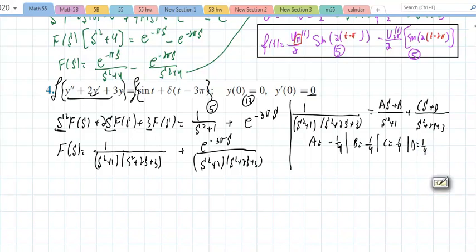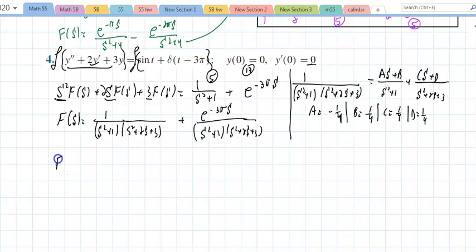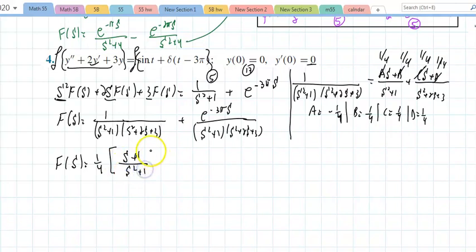So basically, what this says, F of s is actually 1/4 times. If I put a 1/4 there, 1/4 there, 1/4 there, and 1/4 there, if I take the 1/4, they're all 1. So that's really s plus 1 over s squared plus 1 plus e to the negative 3 pi s over 4 times s plus 1 over s squared plus s plus 1 over s squared plus 2s plus 3.